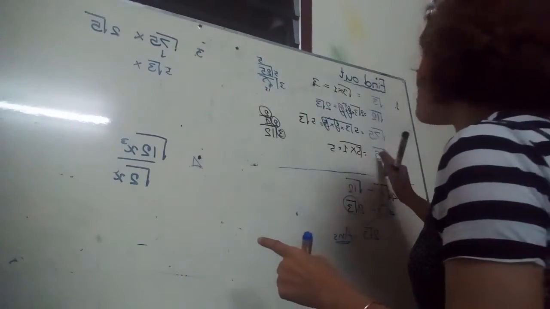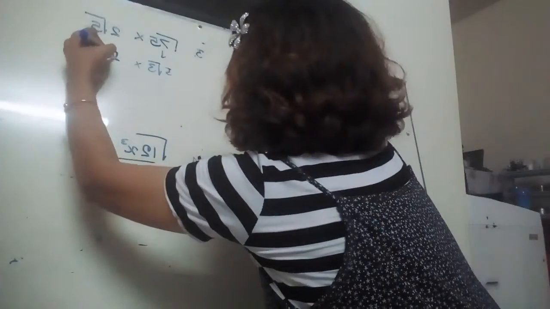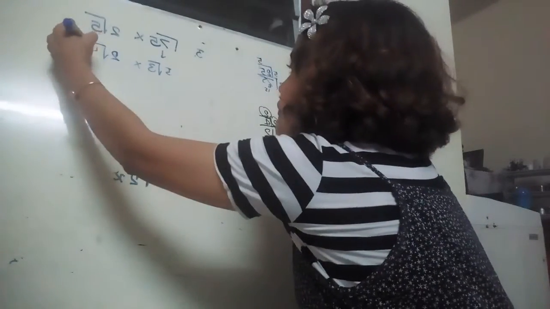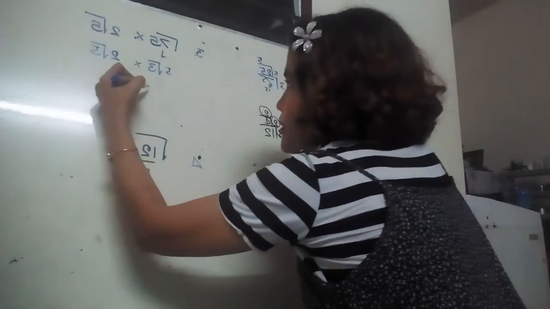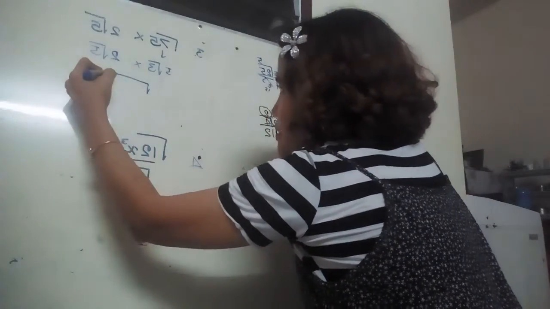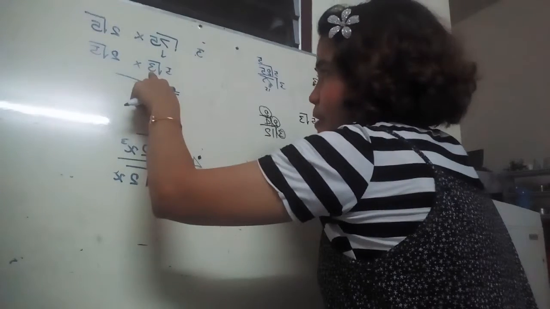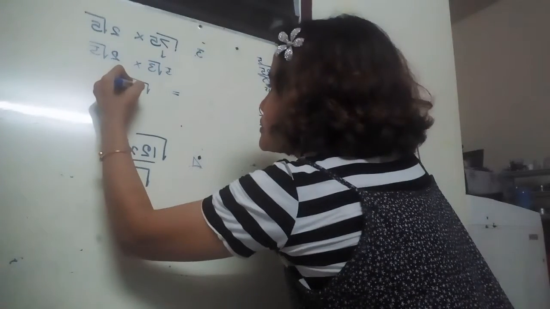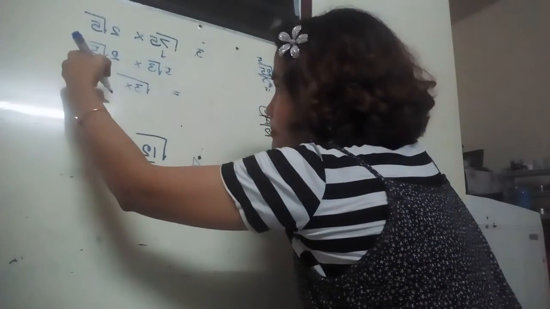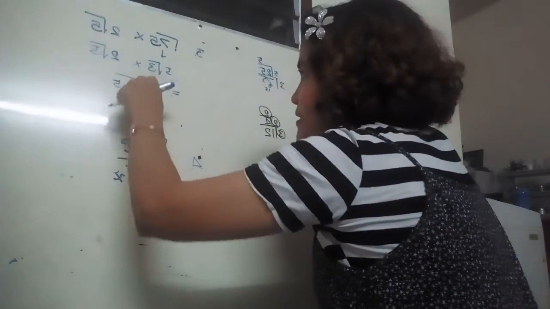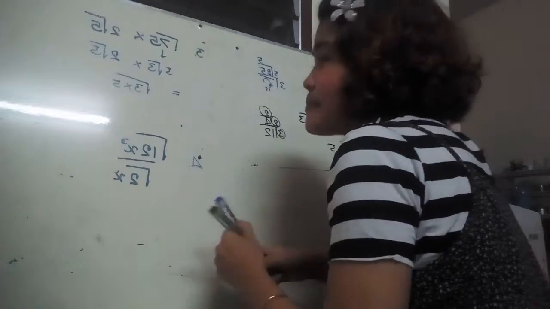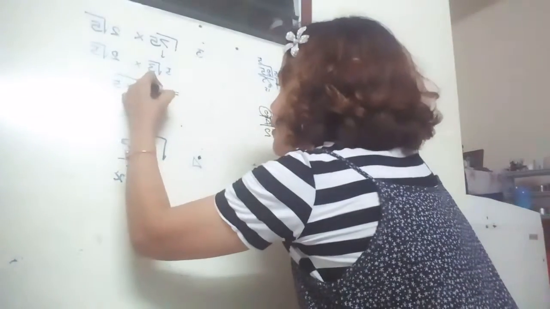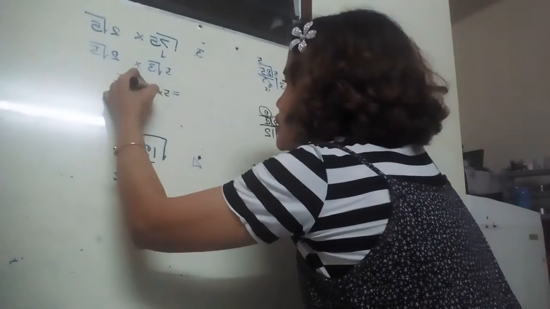You can't break down anymore, so you just put 2 the square root of 5 over here, and then you put the big square root. Inside the square root you put 3 times 5, inside times inside, and outside times outside, 5 times 2.